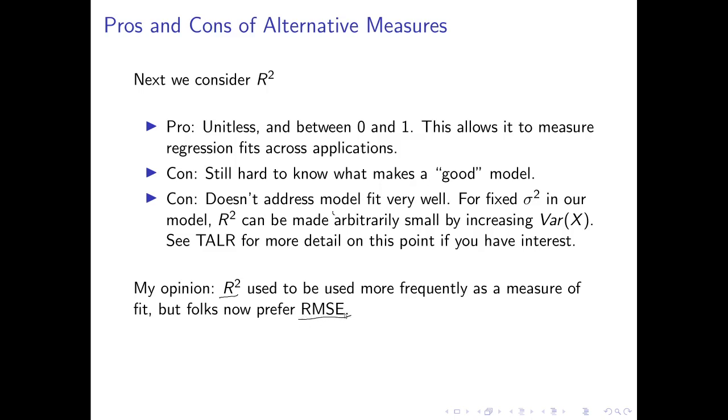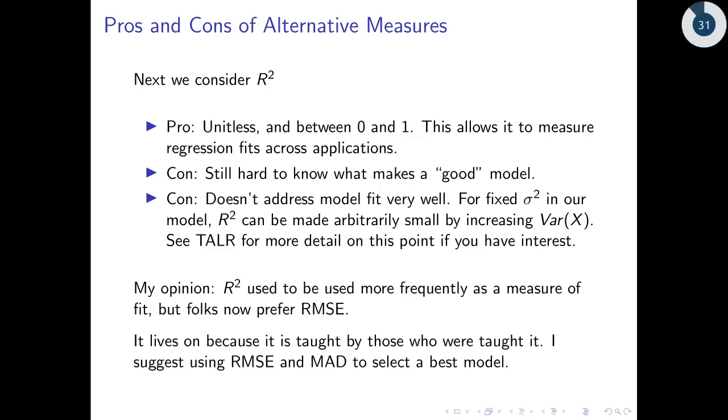I think more recently, folks are focused on things like RMSE. And why would something suboptimal live on? Well, it's taught by those who were taught it. So I suggest using RMSE and mean absolute deviation. They don't have this unattractive property that the measure of model fit depends on the variance of x.